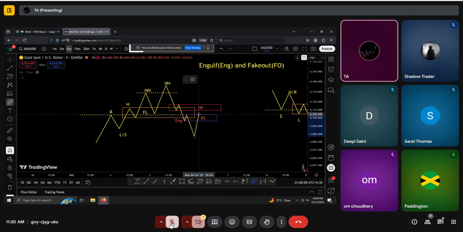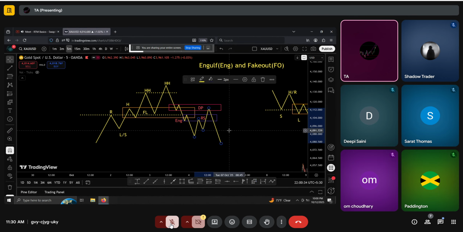One zone is here and another zone is here. So what price will do, it will come back and go back again to this DP. This may react from this RS like this, but then again go back to this DP and then come out and then go down again.